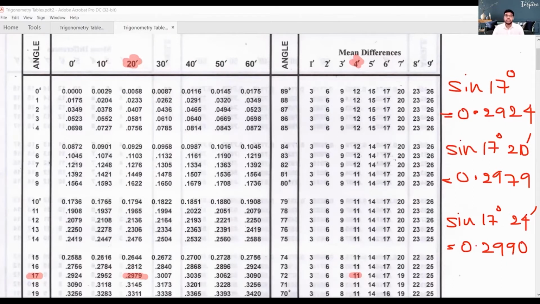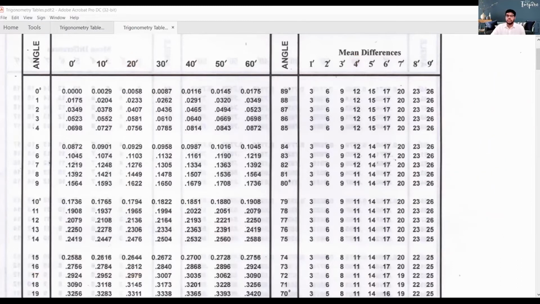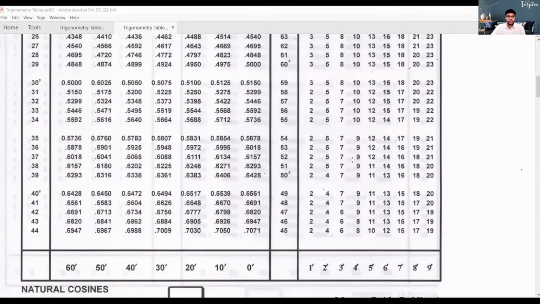All right. So children, now let's also look at some cos values. Okay. So let me scroll down. Here we have the cos values. Now we look at the other end of the table, right? So let's take cos 58 degrees.